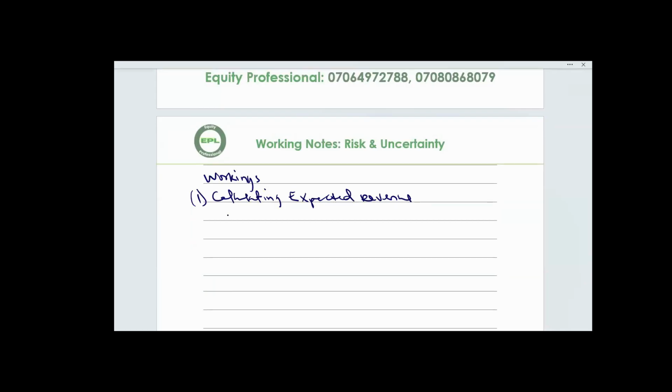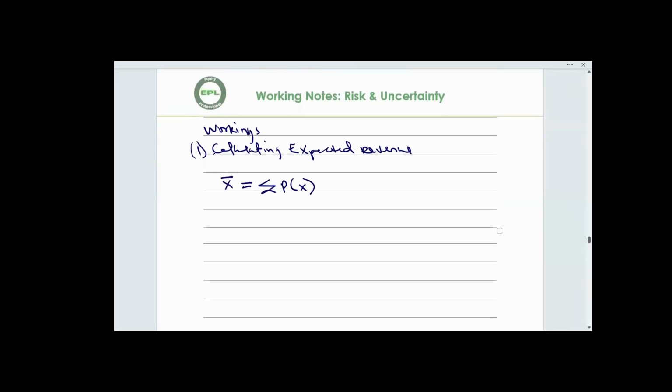To do this, we create a column for probability. Remember, we said that expected value, denoted as X bar, is computed as summation of probability of X. That is, you multiply probability with cash flow.